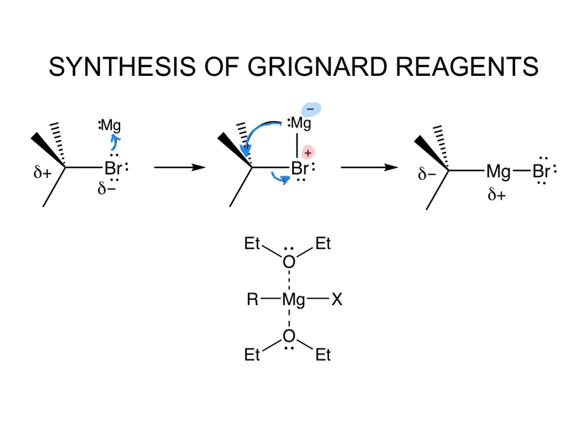And so the result is we have inserted our magnesium between the carbon and the halogen to which it was originally bound. And now, instead of that carbon being partially positively charged, now it's bound to something less electronegative than it, so now the carbon is negative.